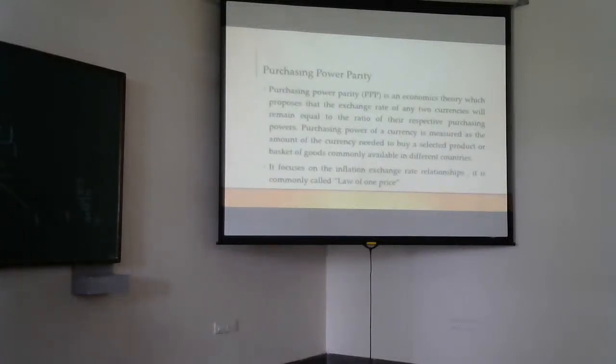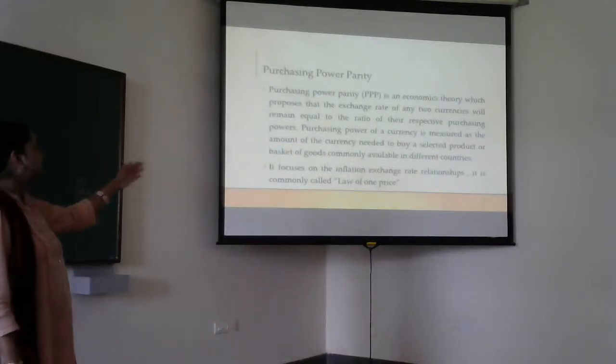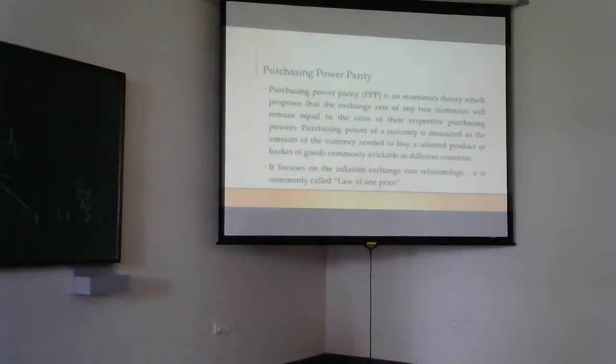So apple is commonly available in two countries, but if I am buying it in India, I am paying 700 rupees, and if I am buying it in the US, I am paying $70. Clear? It focuses on the inflation and exchange rate relationship. It is commonly called the law of one price.